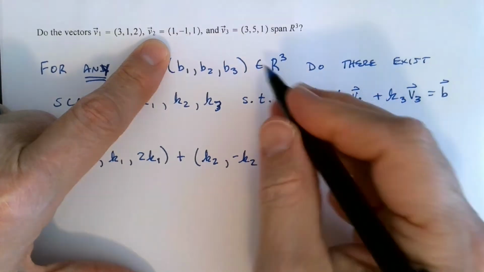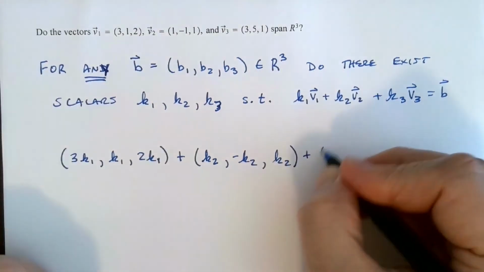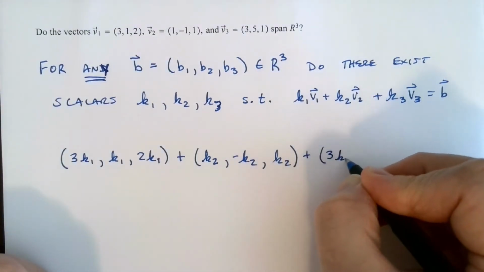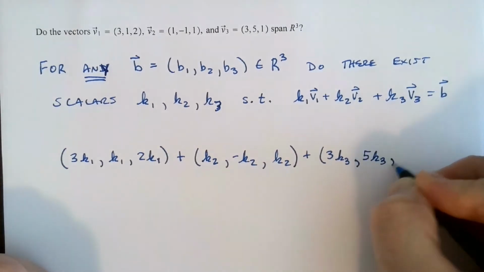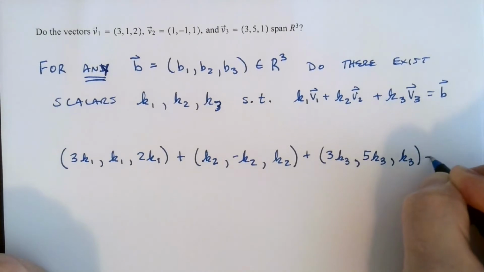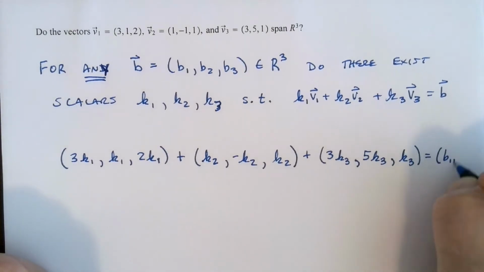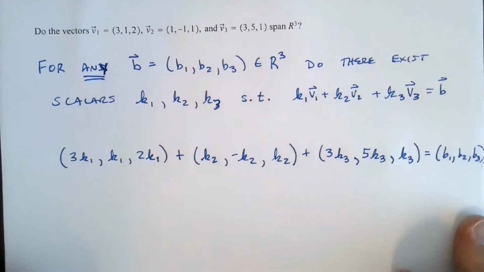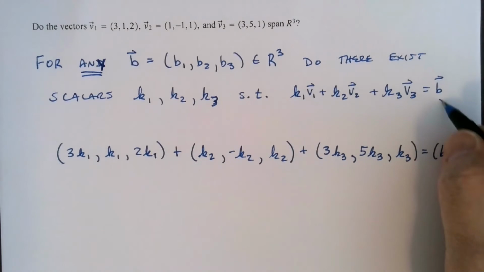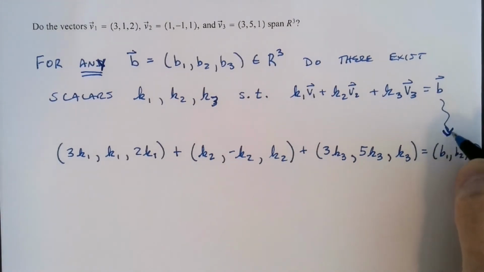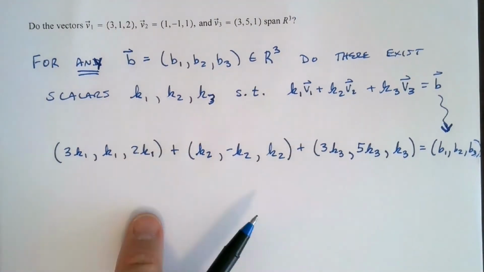And then plus k3 v3. And what's b? b1, b2, b3. That's the vector b.